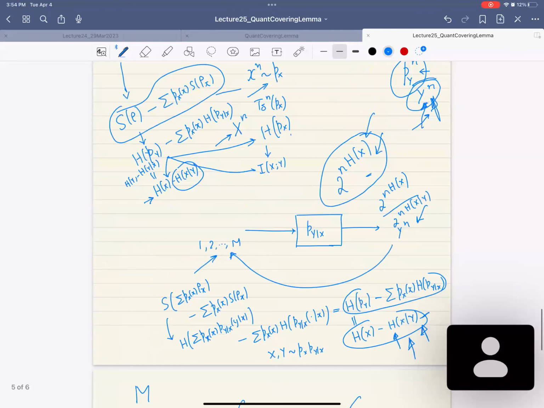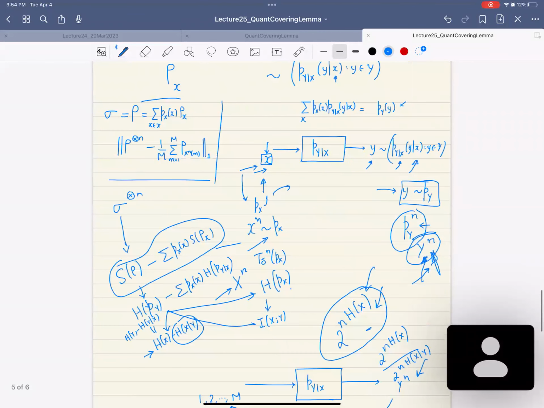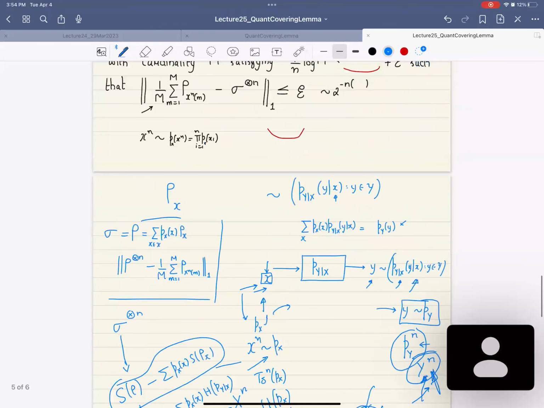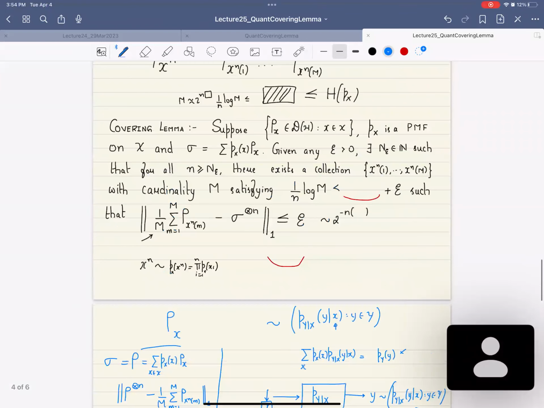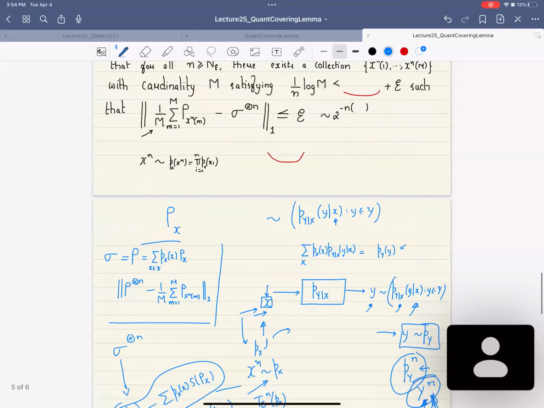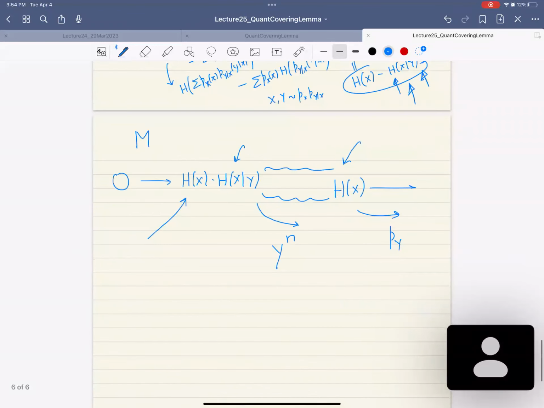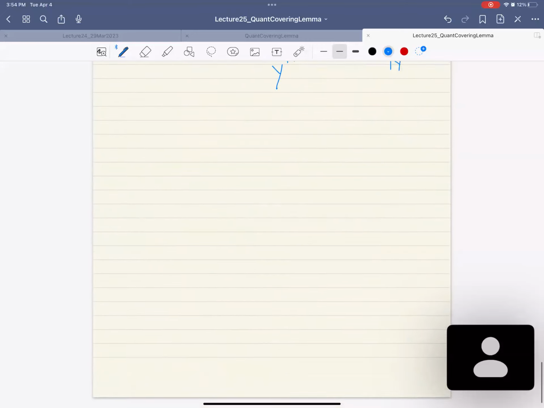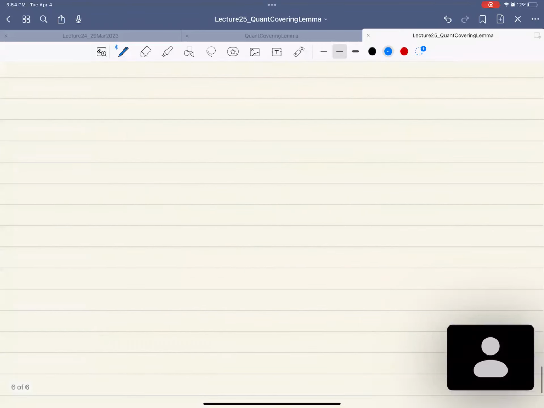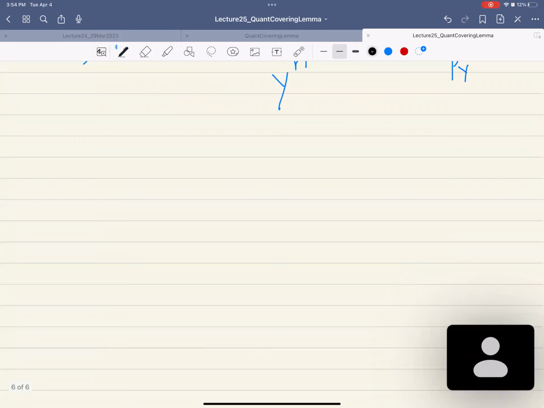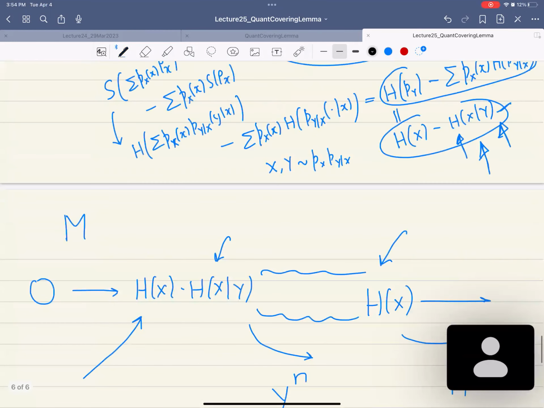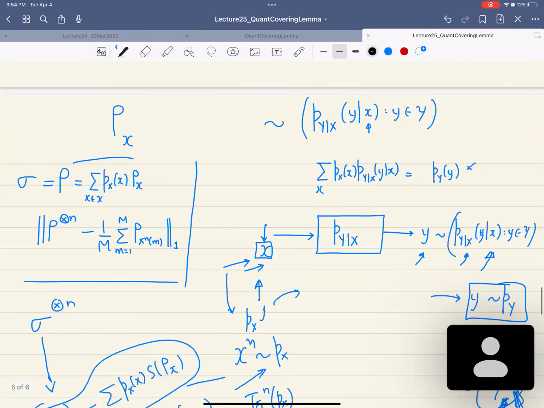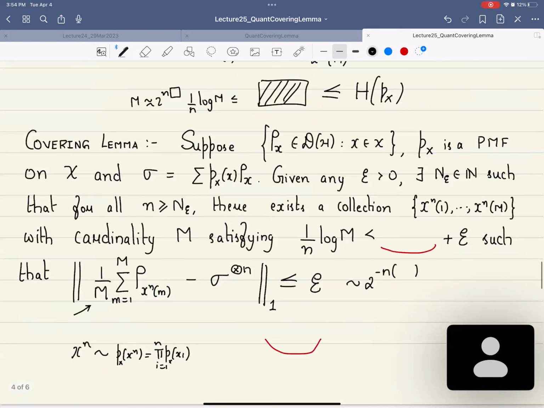This quantity is definitely less than or equal to H(P_X), and it appears to be more than this Holevo information quantity, H(S(σ)) minus the sum over x of P_X(x) H(S(ρ_x)). You can take a guess, but I'll show it at the end.